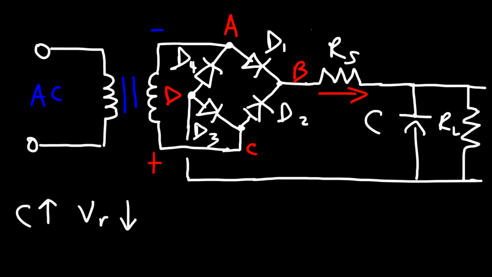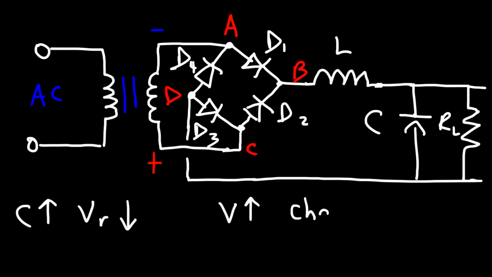Now there's something else that we can do. Instead of using that resistor, we can replace it with an inductor. Now the inductor will help us to have a constant current, just like the capacitor can maintain a constant voltage. When the voltage across the load resistor increases, the capacitor will be in charging mode, and so it's going to absorb energy from the circuit, thus helping the voltage to be constant.